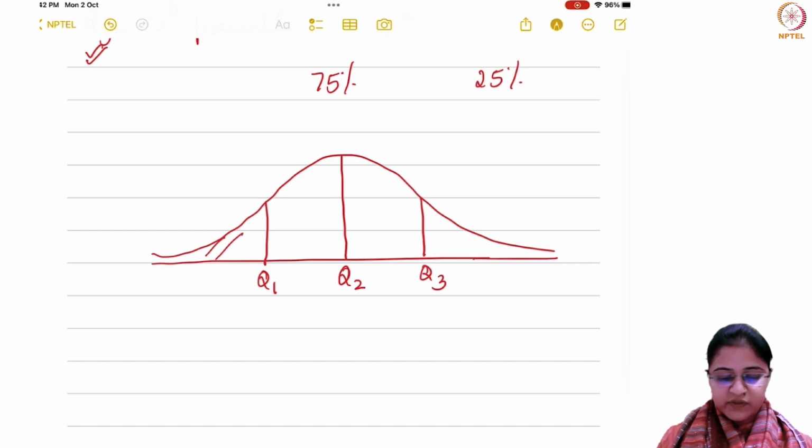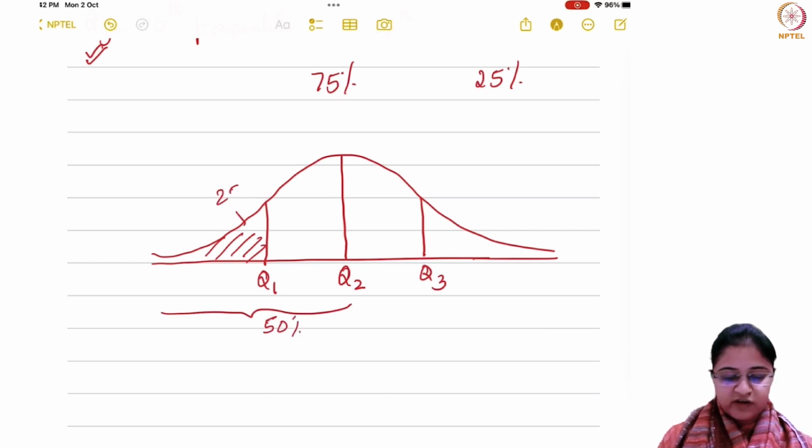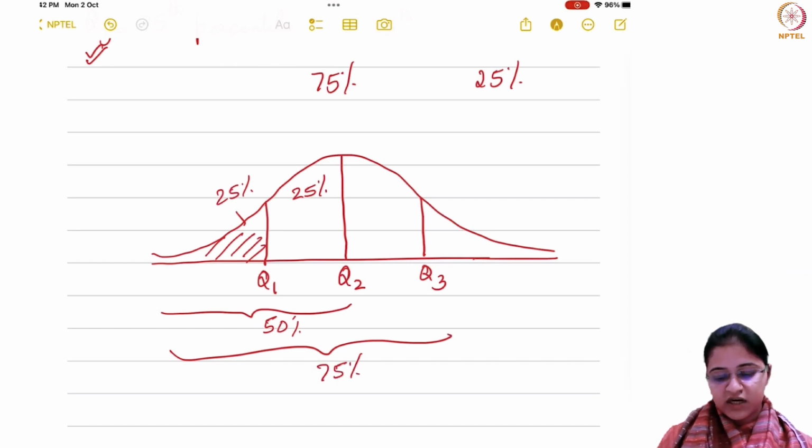So 25% is below Q1, and 50% is below Q2. So it means here you have 25% and here also you have 25%. Now here you have 75%, which again means that in between you have another 25%, and finally above it you will have 25%.